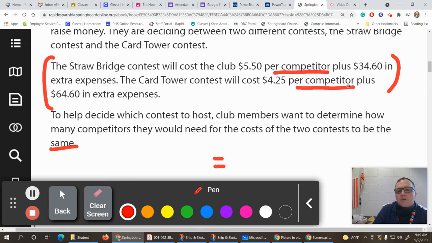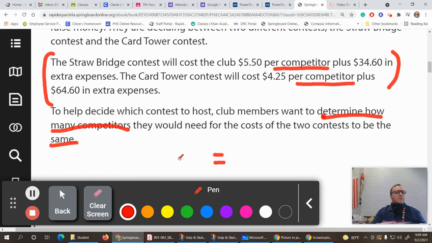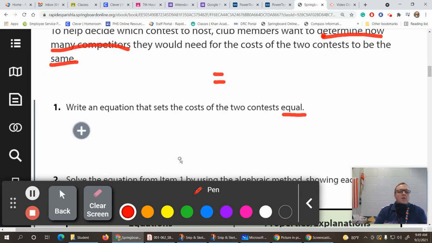Do we know how many competitors we have? No, that's what we're trying to determine, how many competitors they need to make the cost even. So that's going to be our variable. C is going to be our variable.